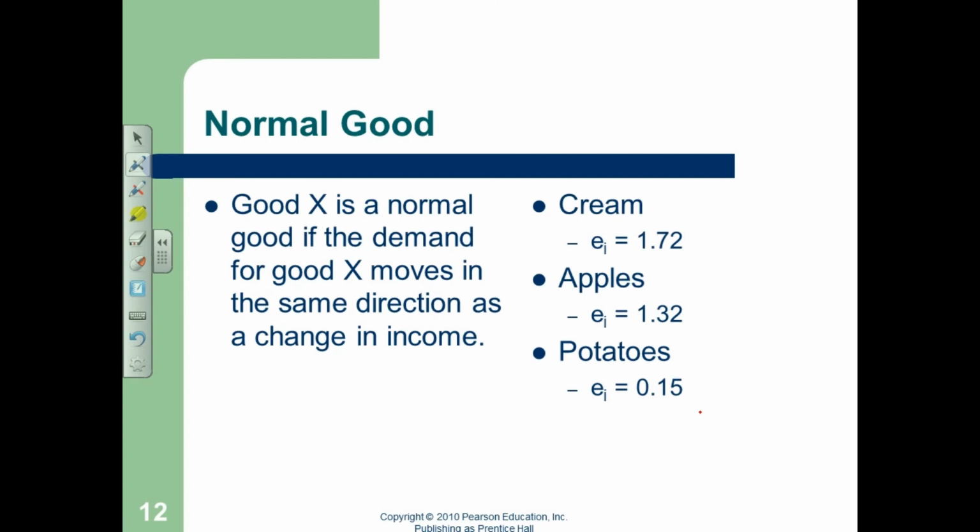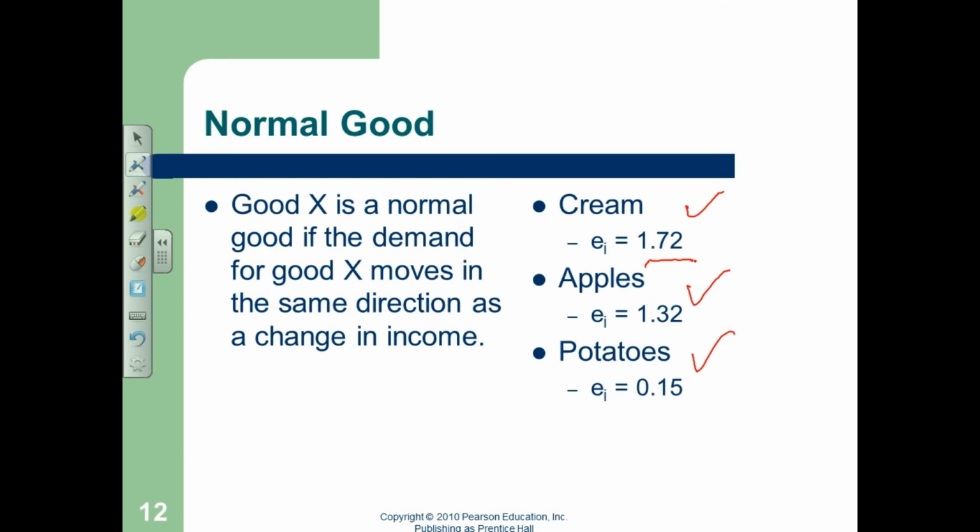So here are some examples for cream, for apples, for potatoes. Now, one thing you would notice is all of them are positive because all of them are normal goods. Again, a normal good is defined by what happens to quantity demanded when income goes up. If income goes up, quantity demanded goes up, then you're dealing with a normal good. But they have different elasticities.